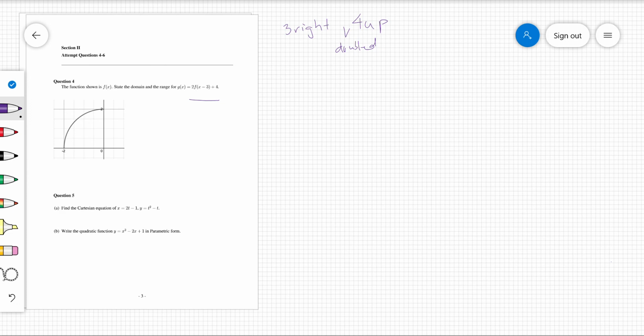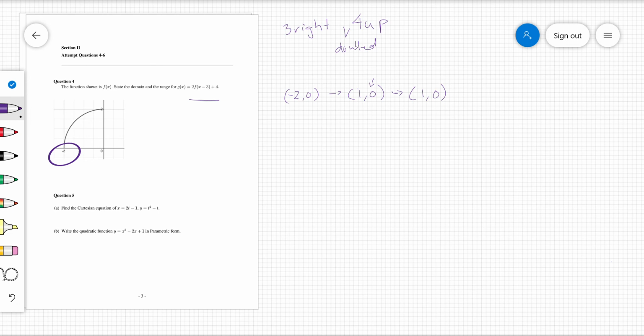So if I take my bottom point here, which is -2, 0, if I take that point and go 3 right, instead of -2, it would be a 1, 0. If I then doubled the y value, it would still be 0 times 2, so it would still be 1, 0.